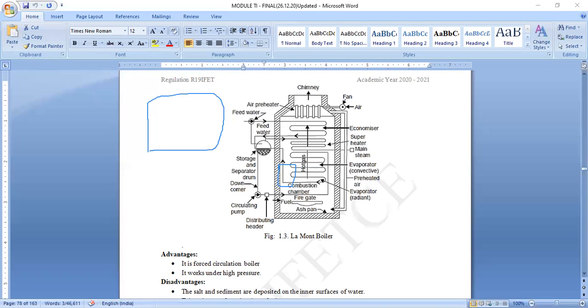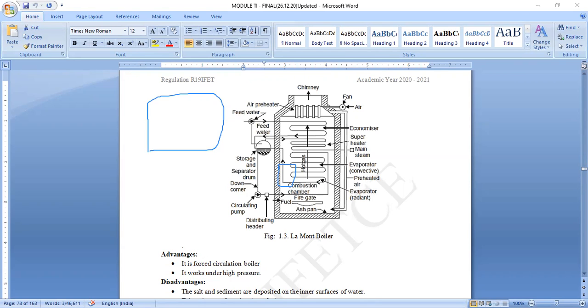From here it comes to the combustion chamber, where the water is heated again and converted into steam. From the steam separator, the water comes through the downcomer and is circulated by the circulating pump to the convective evaporator.